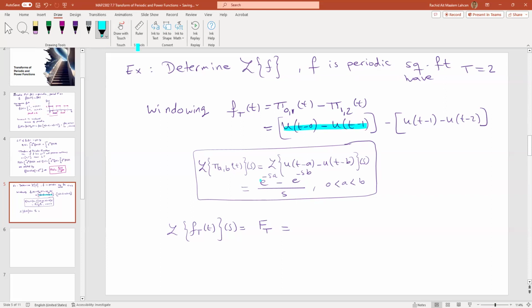You see the A and B are there. So it's going to be exponential to negative S times 0 minus exponential to negative S times 1, all over S. Then we do the same thing for this.